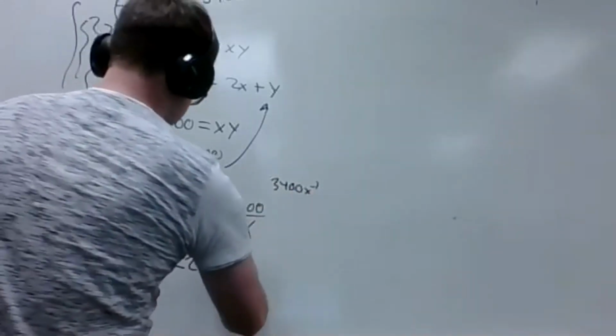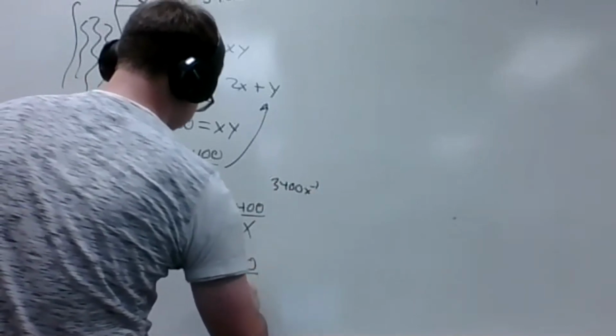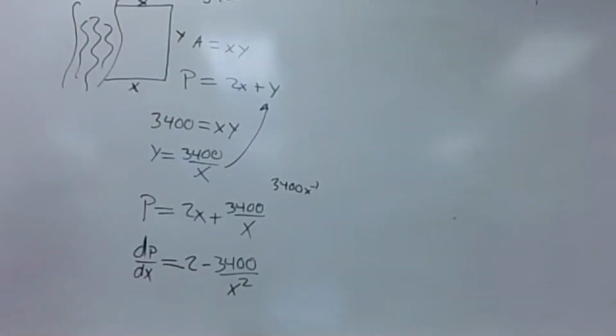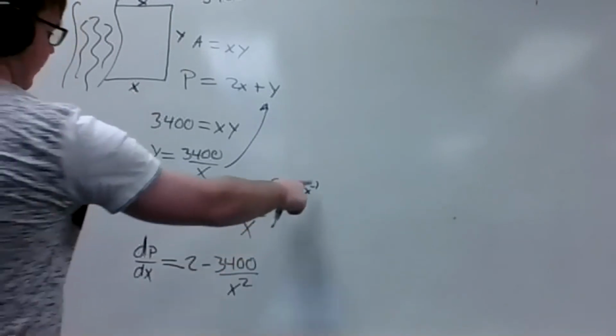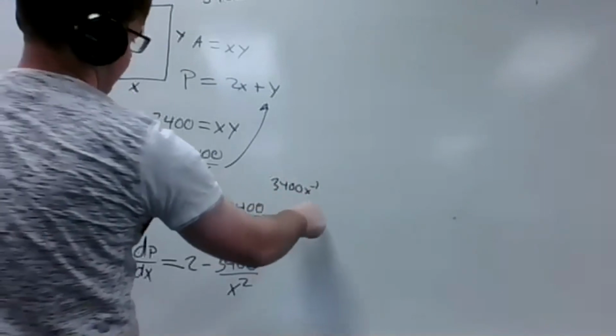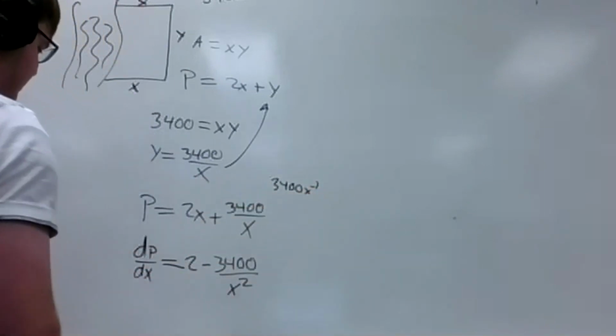So this is going to become a negative 3,400 over x squared. That makes sense how we did this step? It comes from here, so we drop down the negative 1, make it a negative 2, and then we put it back on the bottom, and it turns this negative.